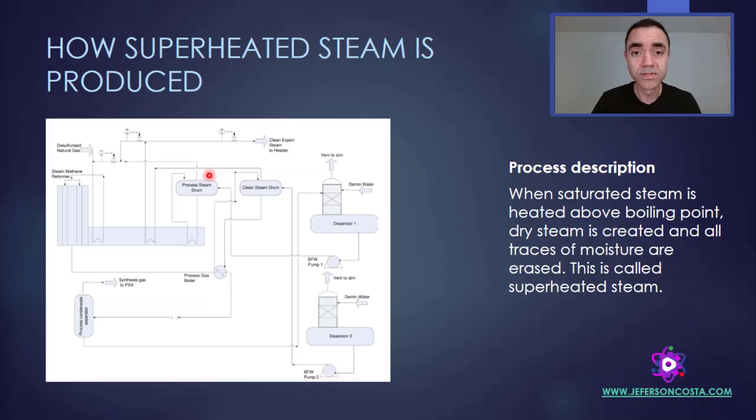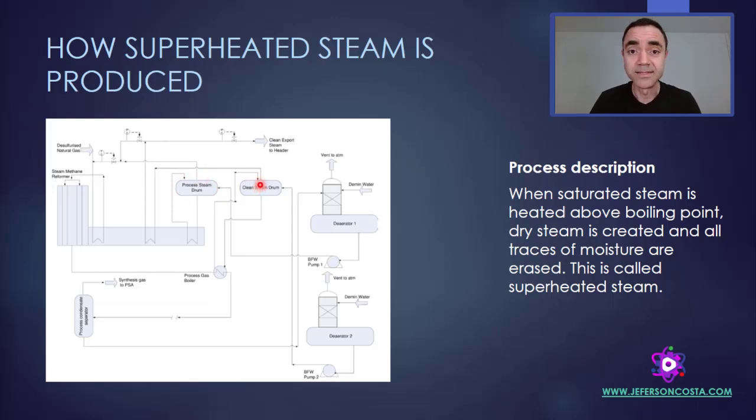To produce the superheated steam, I need a way to heat up this steam that is going out. In this first drum, it is not done, but I can verify what is happening in the clean steam drum here. It's the same: I am injecting the water, the liquid phase goes to a heat exchanger where the return of the line is saturated steam, as in the first equipment.